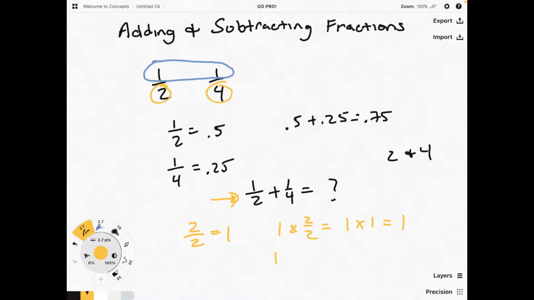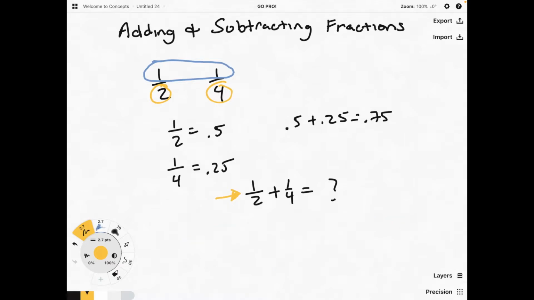I could do 1 times 4 over 4. That's still going to be equal to 1 times 1, which is still equal to 1. So with these rules, a number divided by itself and a number multiplied by 1, giving us the same value that we started with, we are going to apply that to fractions.